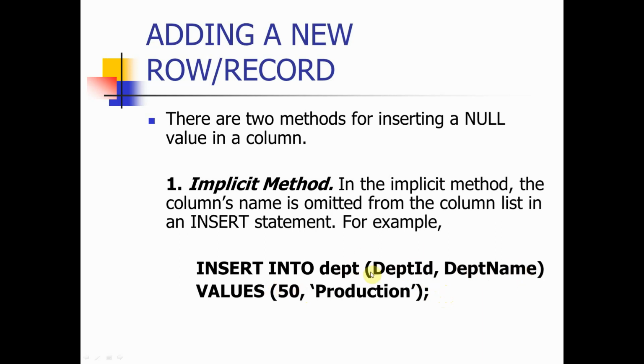You provide 50 as the department ID and production as the department name, and of course the remaining two attributes will get the null value. That means those two attributes are not bound by a NOT NULL constraint. In this case, we have successfully put null values into the manager and manager start date attributes.